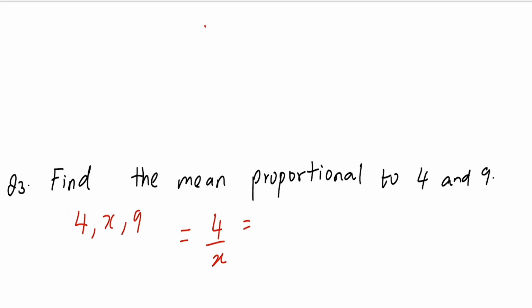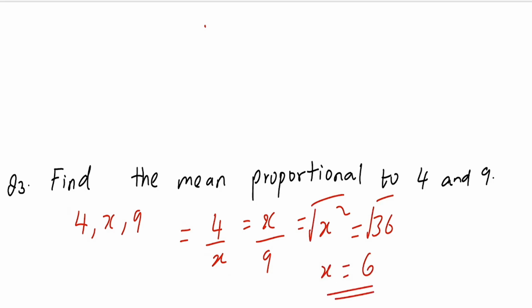Then cross multiply, x times x gives you x squared, 4 times 9 gives you 36. Square root of x squared, x equal to square root of 36, which is just basically 6. It can be negative 6, obviously. So that's your answer.